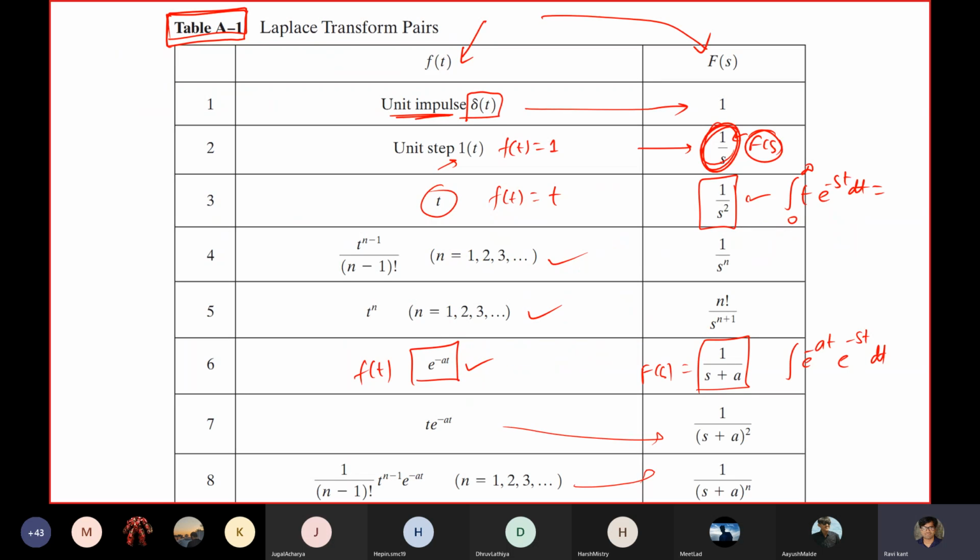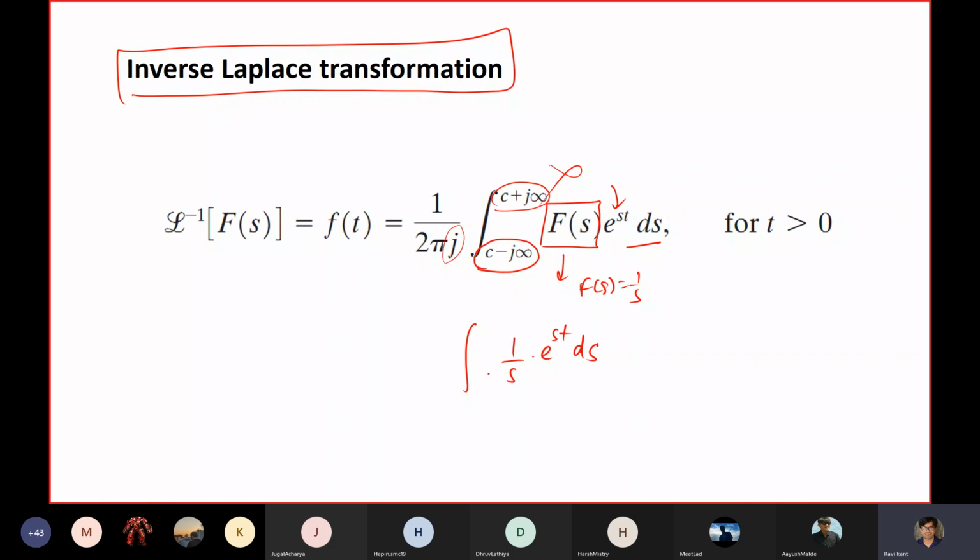you don't have to actually do it. If you know complex integrations, you would do it from c minus i infinity to c plus i infinity, 1 upon 2 i pi, and if you do it properly, you will get 1. So 1 upon s transforms back to 1 in the time domain.